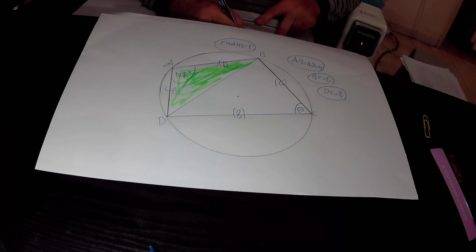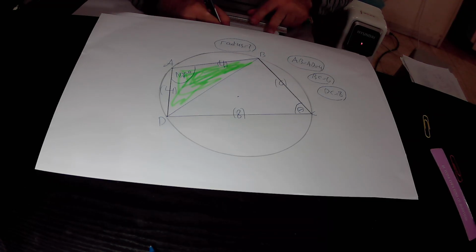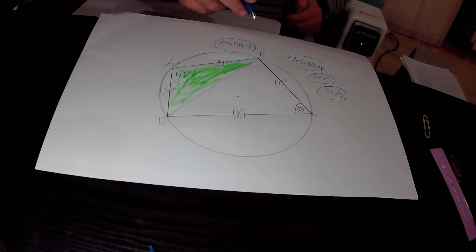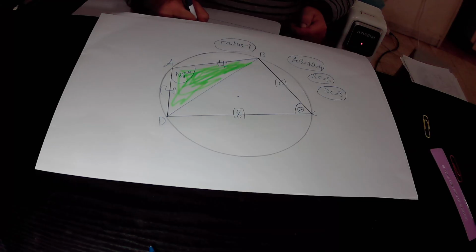DB squared equals BC squared plus DC squared minus 2 times BC times DC times cosine theta.